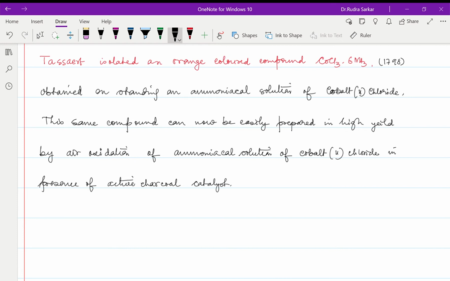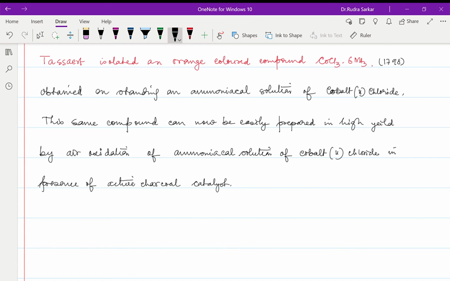So Tassaert had made these observations, in which he saw that when the cobalt 2 aqueous ammonia solution was kept, it turned brown, and when exposed to air, the color changed to wine red on boiling. That is what his observation was. And later on, Fremy showed that the cobalt 2 solution of ammonia was basically oxidized to cobalt 3.